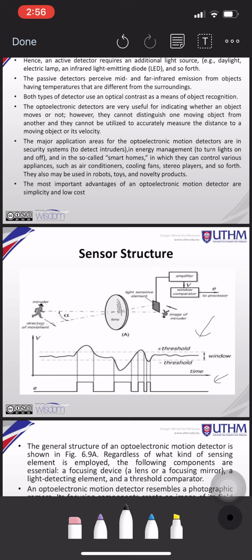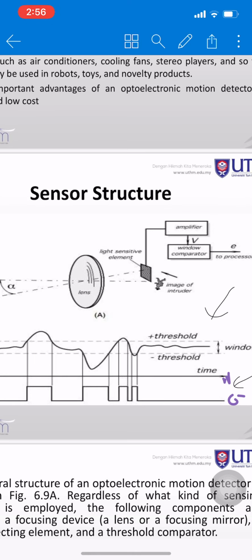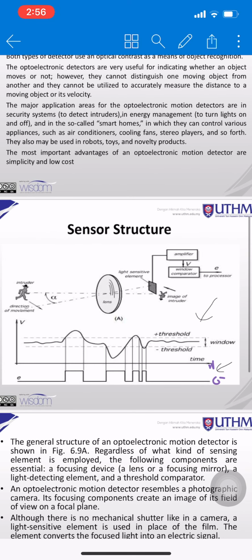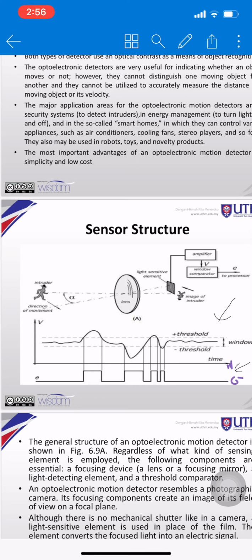If you look at the output, there are two signal levels. This one is 0, and the higher level is 1. At zero, the sensor is off, and at level 1, the sensor is on.